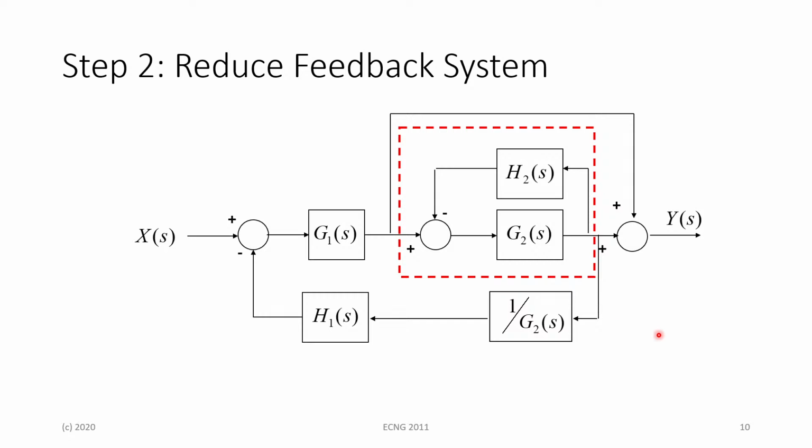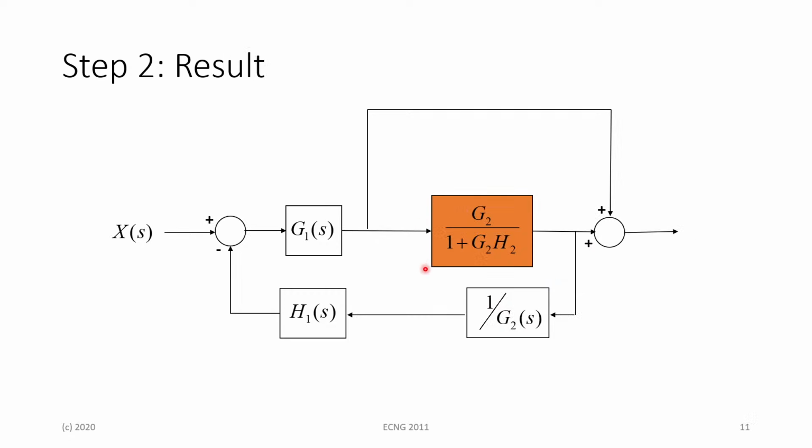We saw from yesterday's lecture that for negative feedback, the general transfer function will be G divided by 1 plus GH. So this summation junction and the G2 and H2 blocks can reduce down into that transfer function, which will be represented by one block here, shaded in orange.